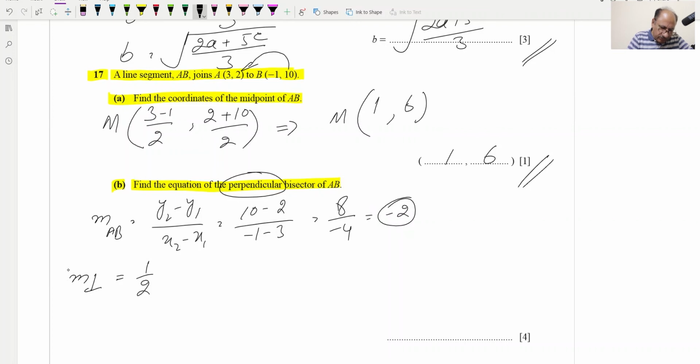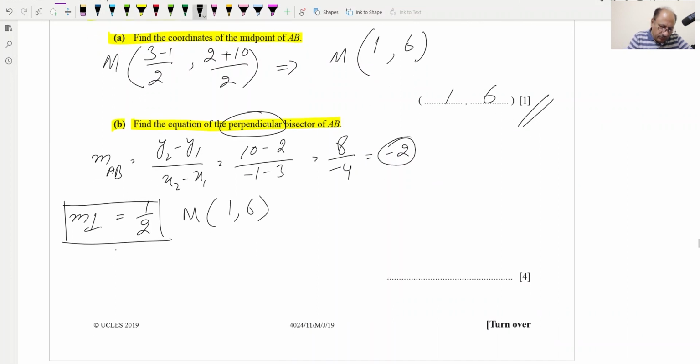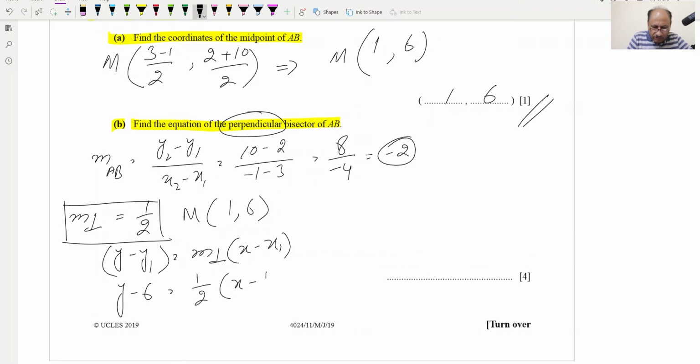So we will be using this gradient and the midpoint, which is 1 and 6, and we'll be writing the equation. To write the equation of the normal, we write y minus y1 is equal to m of the perpendicular into x minus x1, and this will be y minus 6 is equal to 1 by 2 into x minus 1.